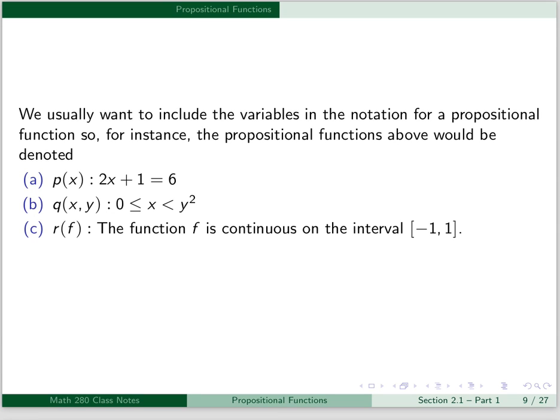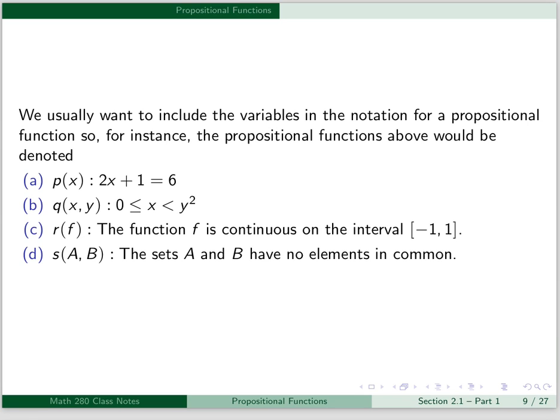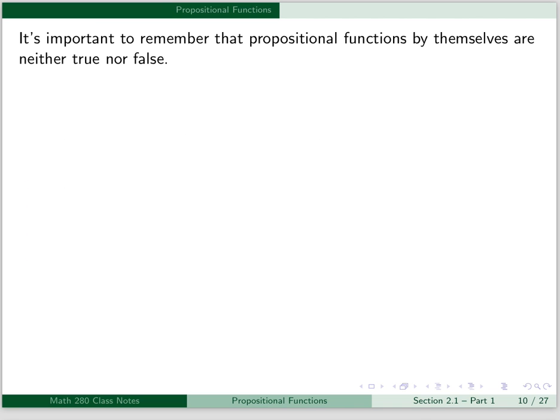The sentence, the function f is continuous on the interval -1 to 1, can be denoted r of f. In this case, the variable is f. And finally, the sets A and B have no elements in common contains the variables A and B, so we could denote it s of A, B.